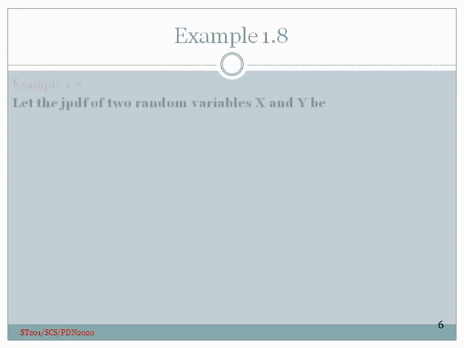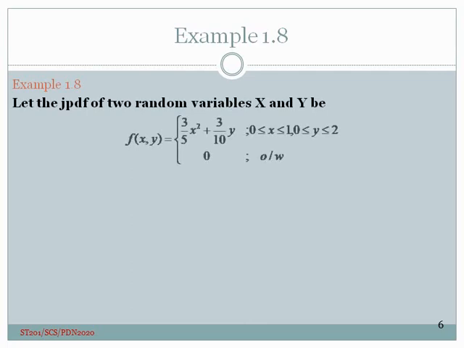Here's another example. Look at this joint PDF. In this function, the support of x is from 0 to 1 and the support of y is from 0 to 2. Are x and y independent?